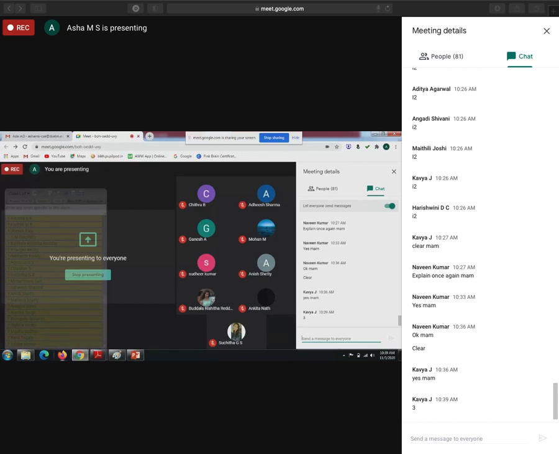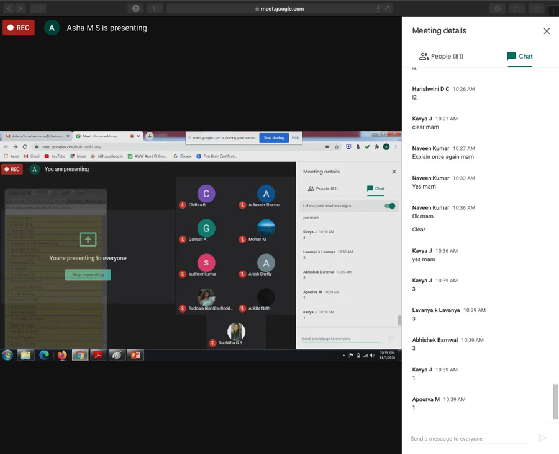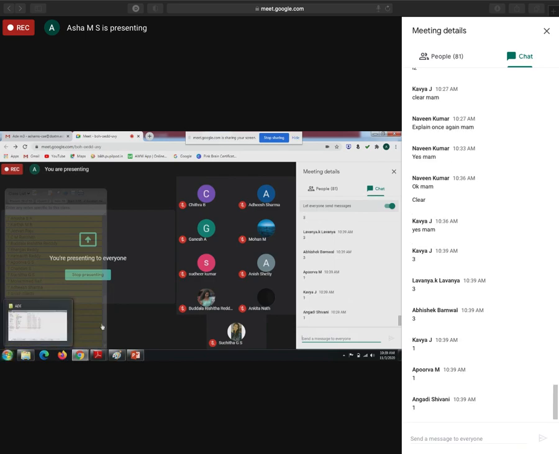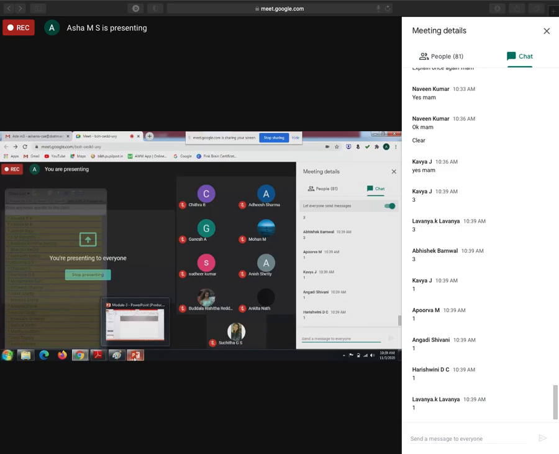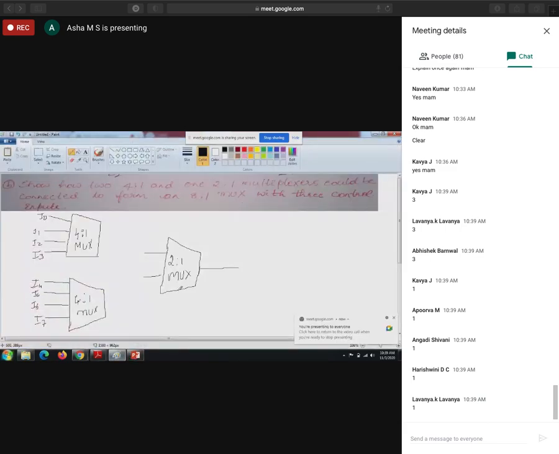Three control lines. Correct, right? So these three control lines, where are you going to connect? For a 2 to 1 mux, how many control lines are required? One. Okay, I'll put one for this mux.